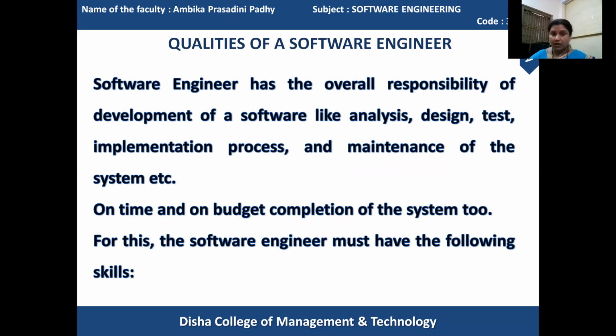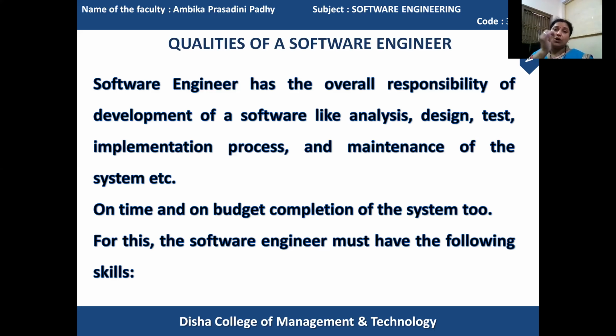The overall requirement contains what? Analysis of the information, designing, testing, implementation of the system, and maintenance of the system. These are the different major requirements of the system, and all of them must be well satisfied by the software engineer.